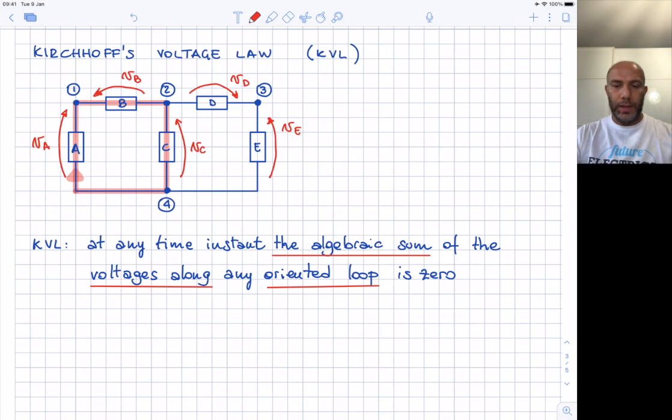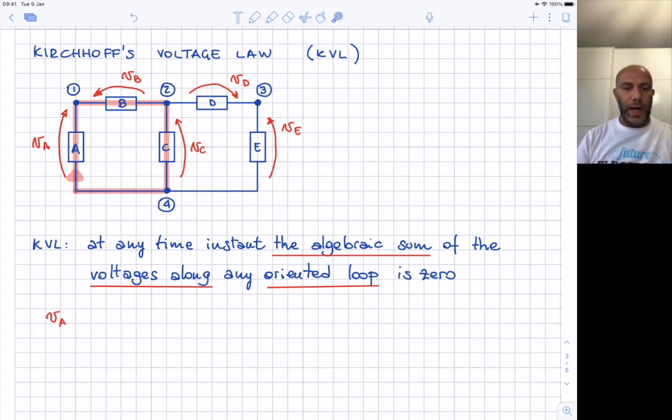So, let's suppose, for example, that we are starting from node 4 and we follow the path clockwise. So, if we move from node 4 to node 1, we found out the voltage VA, and VA is following our orientation, so VA is taken with the plus sign.